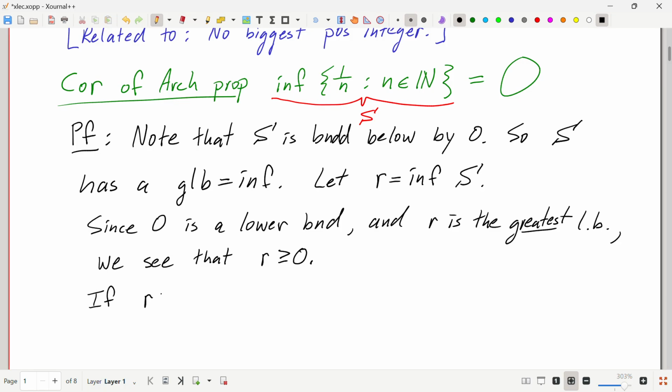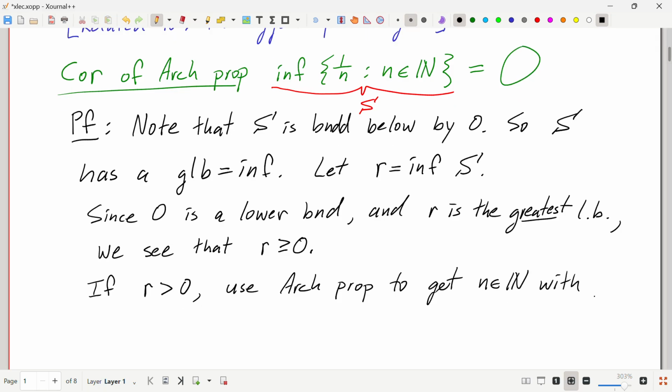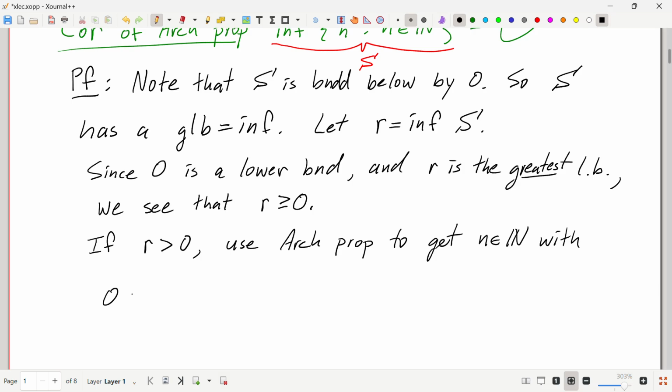If r were bigger than 0, then I could use the Archimedean property to get an n with, let's see, we got 0 less than r less than, I guess we have a less than or equal to n here. If I take n plus 1, I would get one.